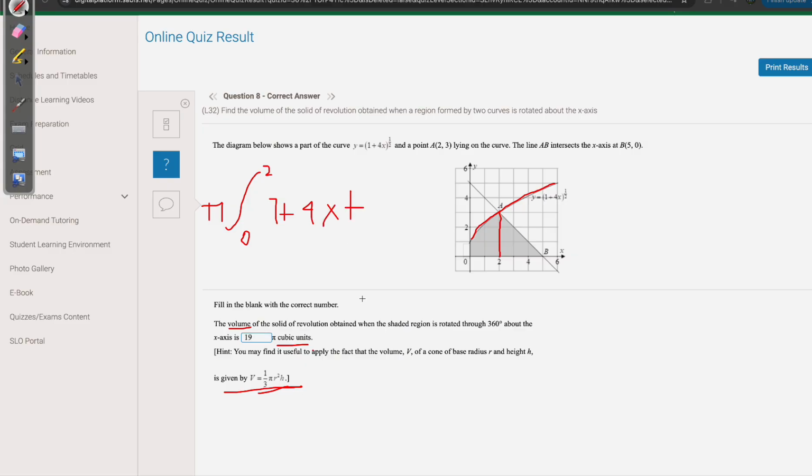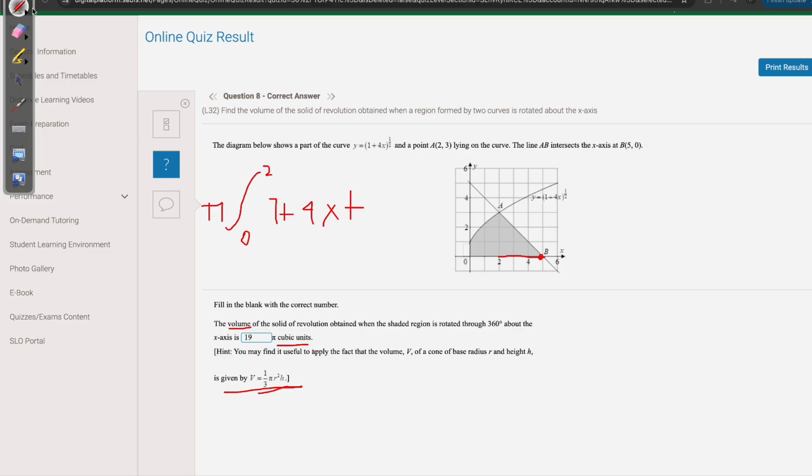now for the line, we're going to use 1/3 pi r squared h. So this is where this comes into play. The height, h we're going to say, is horizontal, so from 2 to 5.